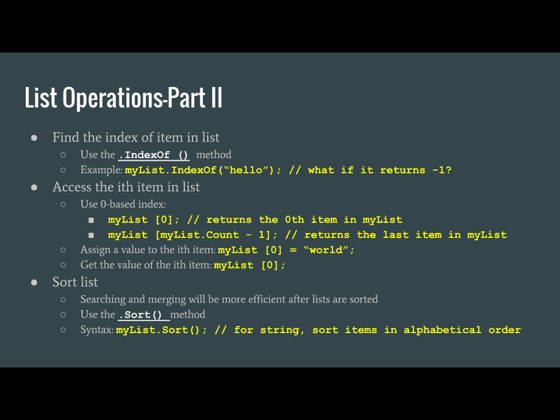To access the last item, we use mylist and count the size of the list, which is mylist.count, minus 1 because it's 0 based. So the index of the last item is mylist.count - 1. This will give us the last item in the list.